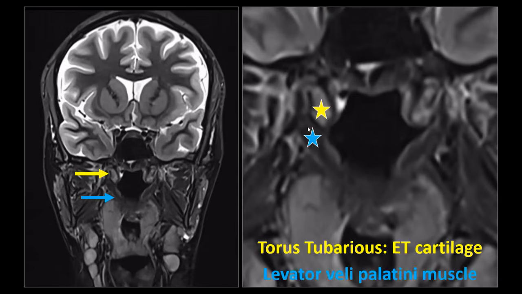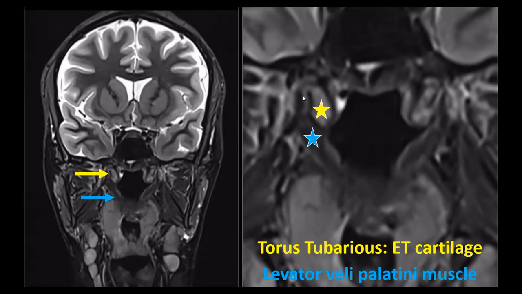And we see a muscular structure located underneath it, coursing from the undersurface of the cartilaginous part of the Eustachian tube to the soft palate. This is the soft palate, and this is the Levator veli palatini muscle, whose main function is actually elevation of the soft palate, hence its name, Levator, a lifter of the veli palatini, of the soft palate.